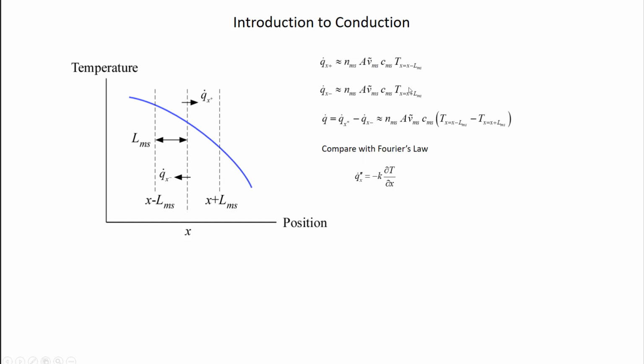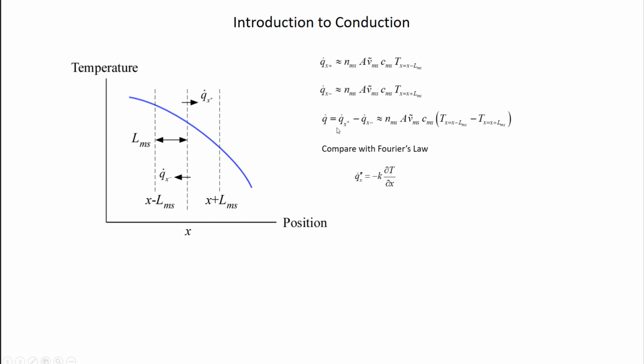I took these two equations that we derived and subtracted them. You can see that the number density, area, velocity, and specific heat capacity of the carriers are the same in both equations. So I pull them out, and really what I'm getting here is just the temperature differences, right? So this is T at x minus l_ms, and this is T at x plus l_ms, right?